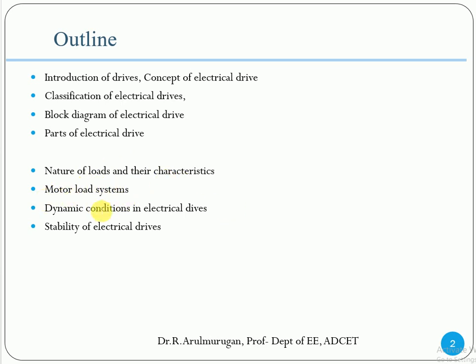Then the next one is the motor load system. What is a motor load system? The motor produces a torque, which is the motor torque, and the load produces a torque, which is the load torque. So you have to match the motor and the load system. For example, an electrical vehicle: the load acts as the wheel, which will rotate in the forward direction. The motor is connected to it. How do you connect it?